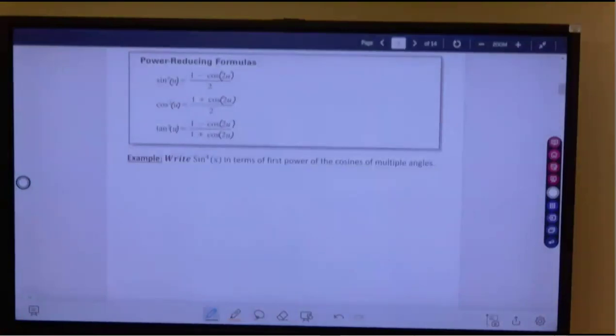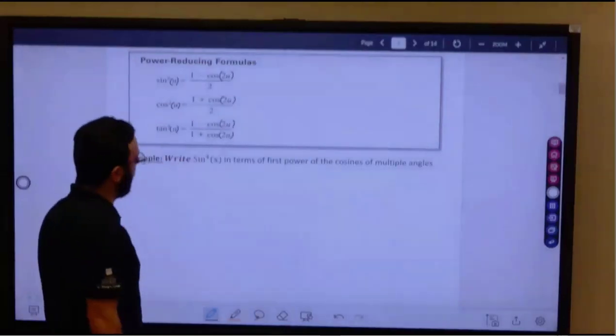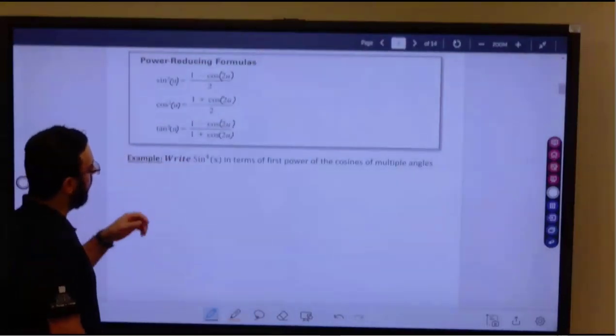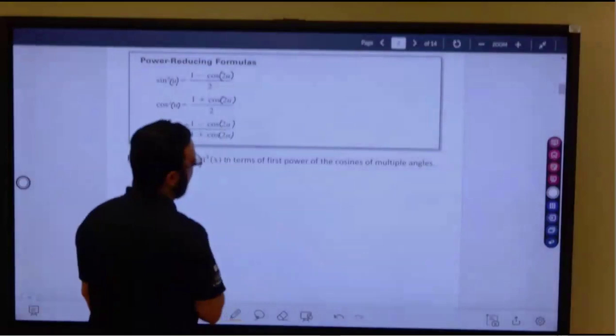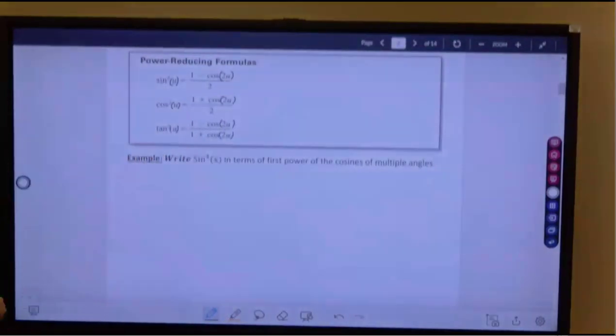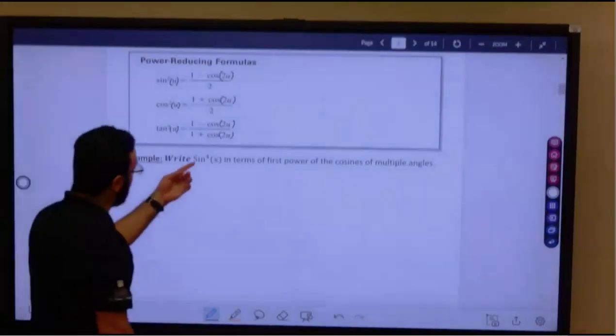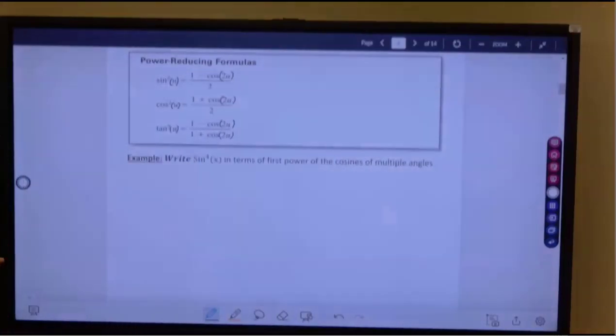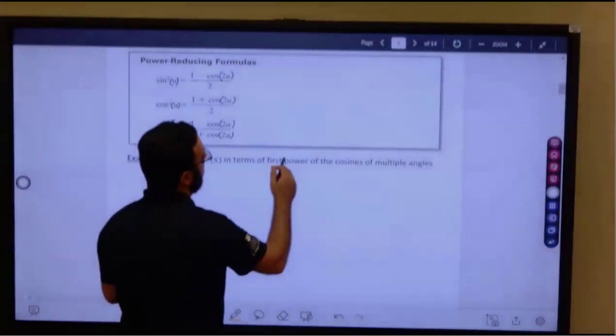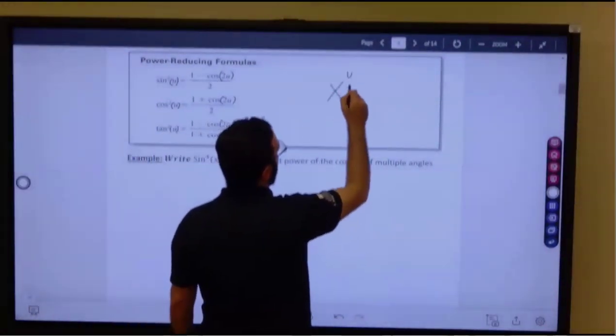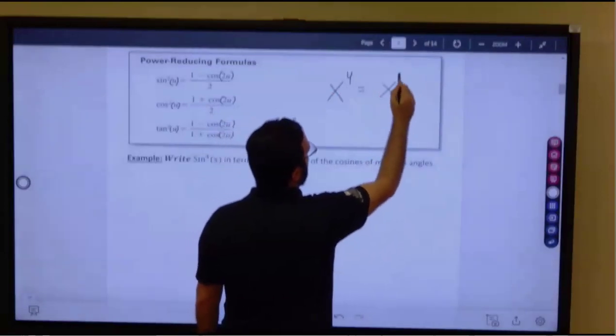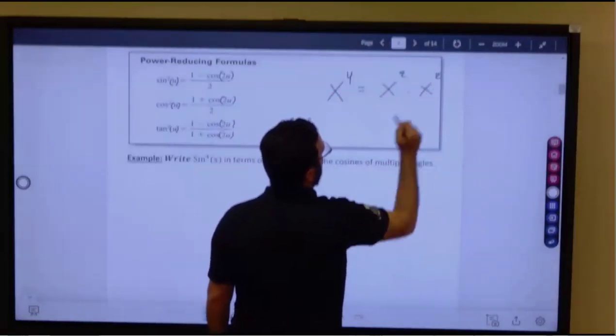If you check the next example, we have sine to the power 4 of x, and they're telling you to use the power of cosine of multiple angles. So we're going to use the power of cosine, but I have sine to the power 4. We already know x to the power 4 I can write down as x squared times x squared.